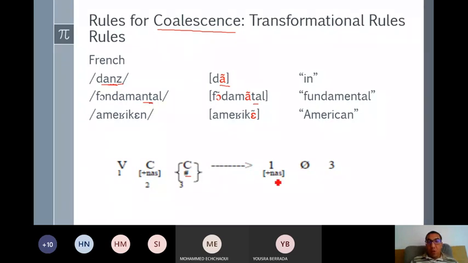All right. So the change that we notice is that this vowel, referred to as number 1, gets nasalized, gets the feature plus nasal. And what happens to the nasal consonant? The nasal consonant is deleted. And of course, segment number 3 is kept unchanged.